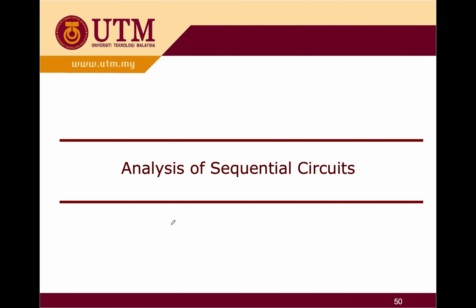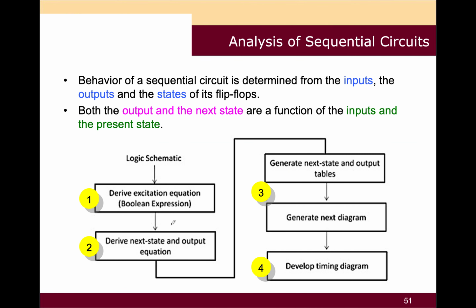Okay, now we move to another subtopic, which is analysis of sequential circuits. The behavior of a sequential circuit is determined from the input, output, and the states of each flip-flop. Both the output and the next states are functions of the inputs and also the present state.